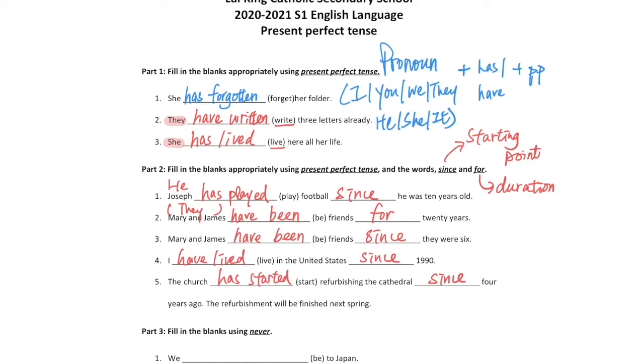So that is why we are using present perfect tense. So the action is not finished yet. So you can see in the next sentence, the refurbishment will be finished next spring. So the refurbishment is not finished and it started 4 years ago. So we are using present perfect tense.